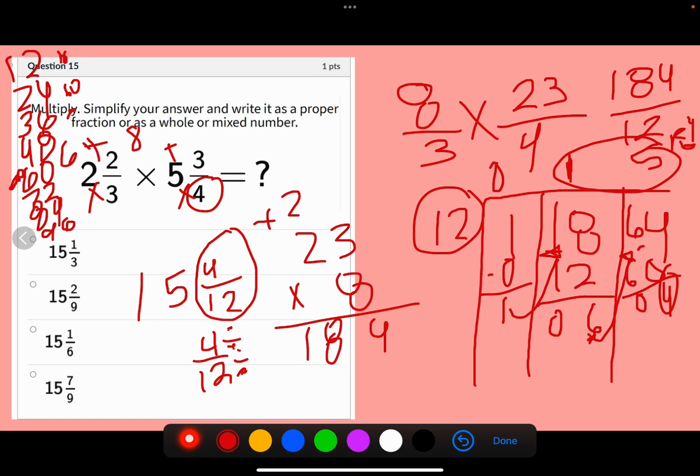And like I said before in one of our other questions, sometimes I just like to see if I can divide the top number by the bottom number. So I could do 2 because they're both even numbers, but I'm going to choose to do 4 because I'm trying 4. So 4 divided by 4 equals 1, and 12 divided by 4 equals 3. So now your simplified mixed number would be 15 1/3. And we see that as an answer choice.